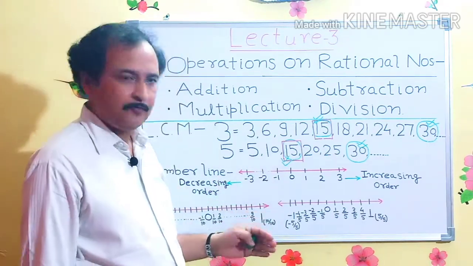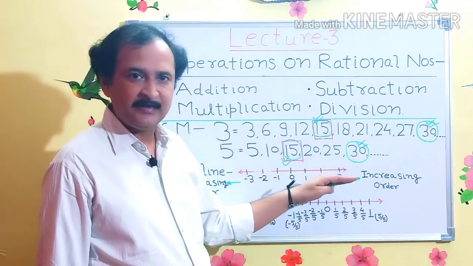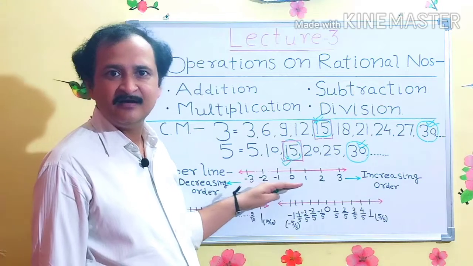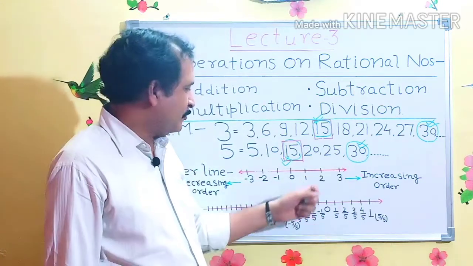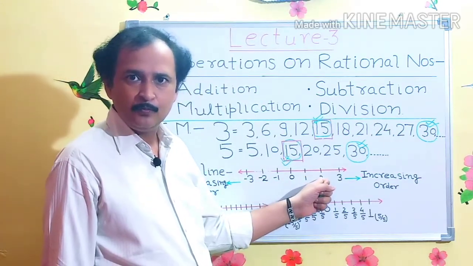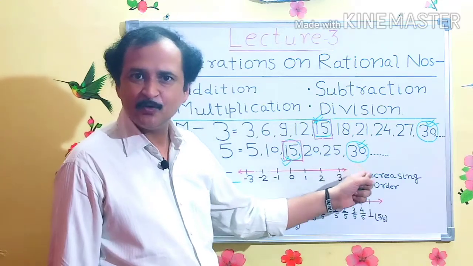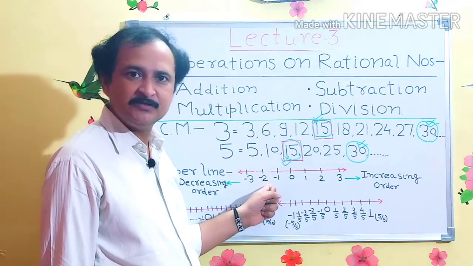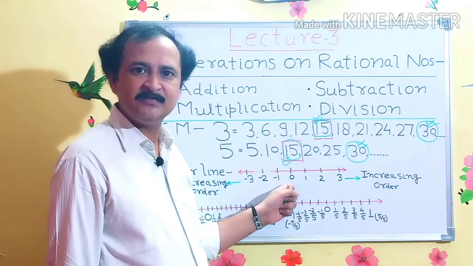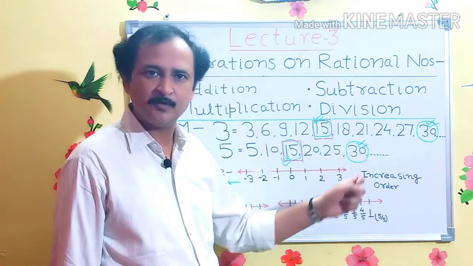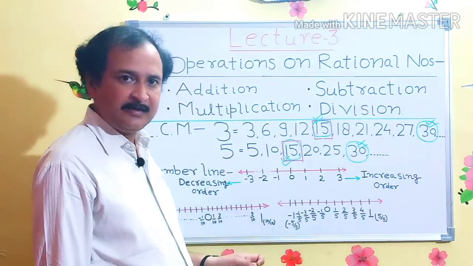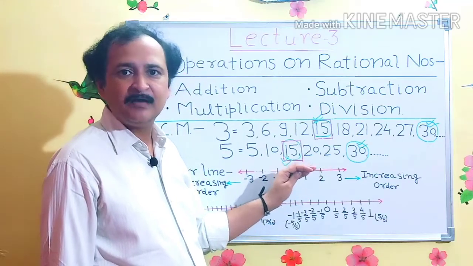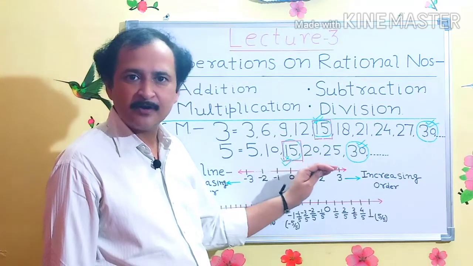If we move from left to right, then the numbers in this number line are arranged in increasing order. 1 is smaller than 2, 2 is smaller than 3 and so on. Similarly, minus 3 is smaller than minus 2, minus 2 is smaller than minus 1, minus 1 is smaller than 0 and so on. So in a number line, if we move from left to right, then the numbers are arranged in increasing order.